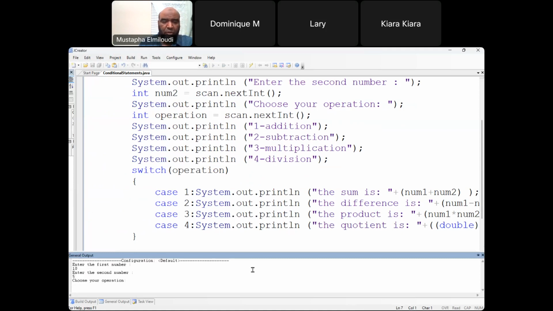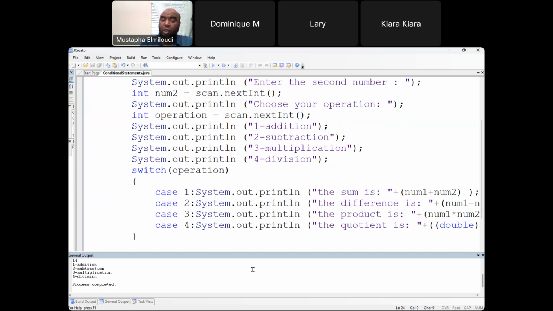Now, choose the operation. As you can see, the operation based on the menu is only 1, 2, 3, 4. But some people, maybe they made a mistake. Instead of 4, they put 14. We don't have 14, so what's going to happen? Because there is nothing that matches, the program will just exit. There's nothing to print, so it did not print anything.